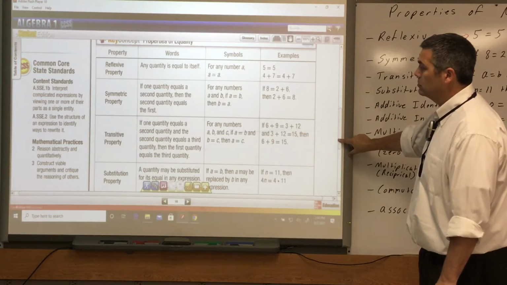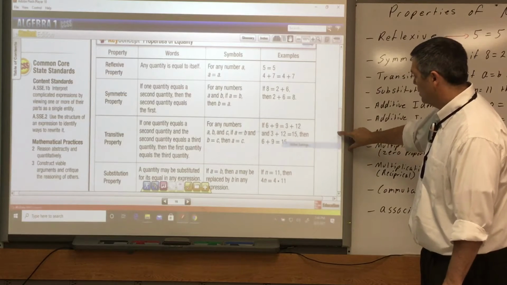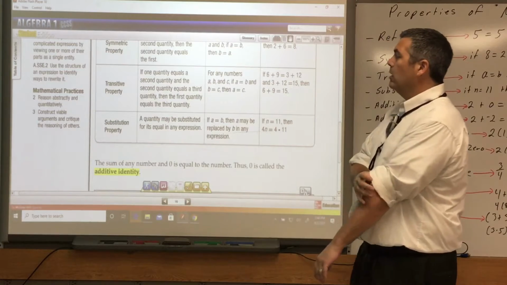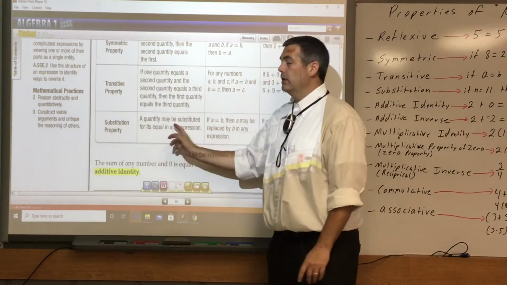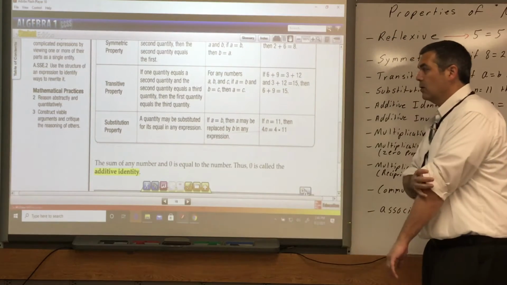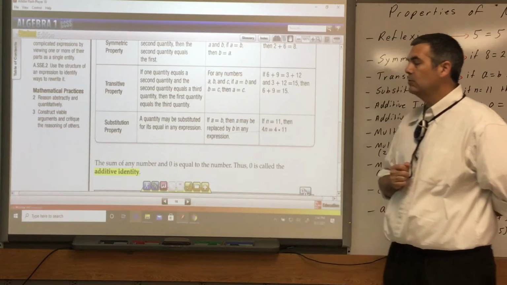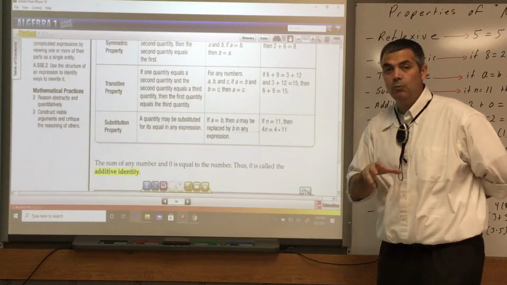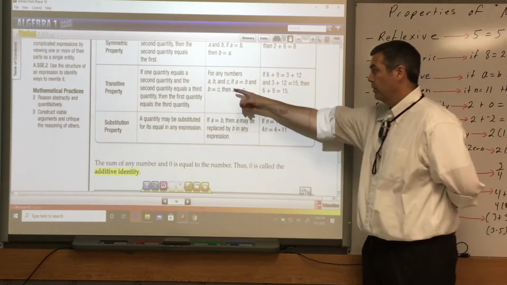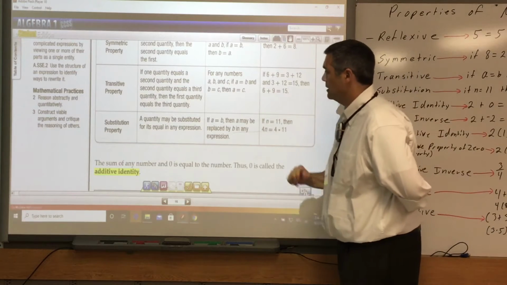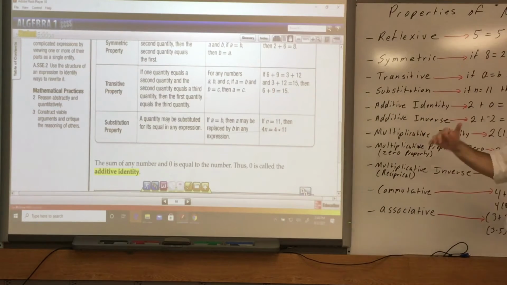Okay? So transitive property. If one quantity equals a second quantity and the second quantity equals a third quantity, then the first quantity equals the third quantity. Now this is where I like the symbols. On all the others I use the numbers, but on this one I like the symbols, because it makes it a little bit more clear.